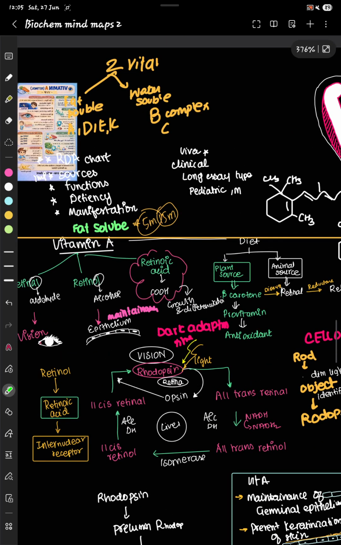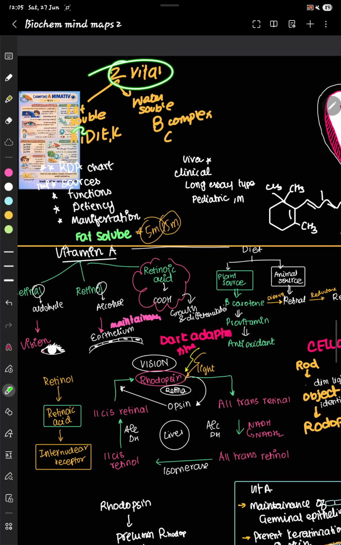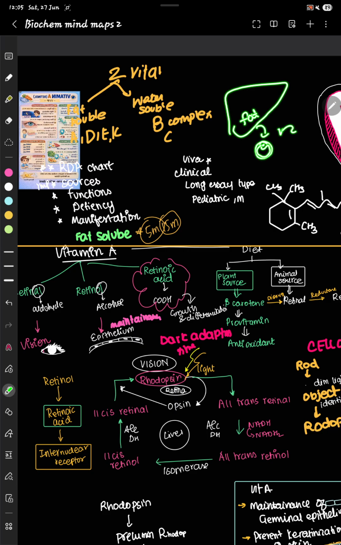Without wasting time, let us learn what is meant by a fat soluble vitamin and a water soluble vitamin. Fat soluble vitamins are those which are soluble in fat, and they get stored in the liver and in adipose tissues, since fat is stored as adipose tissue.